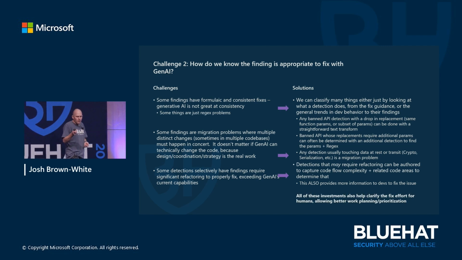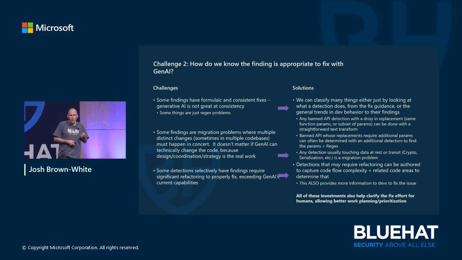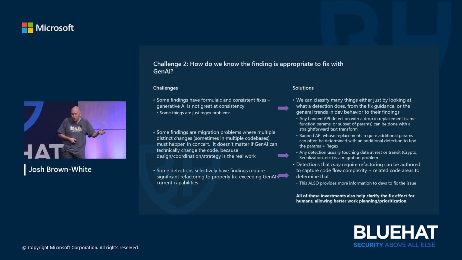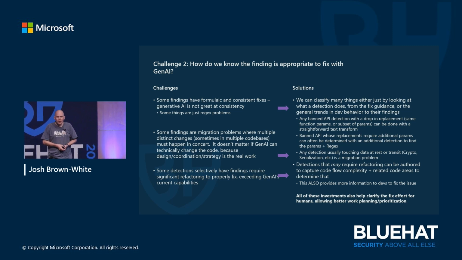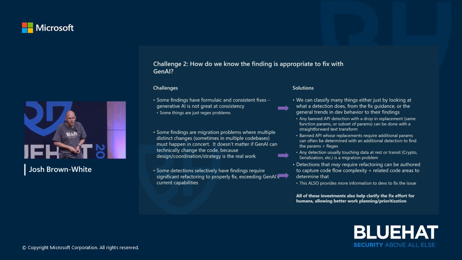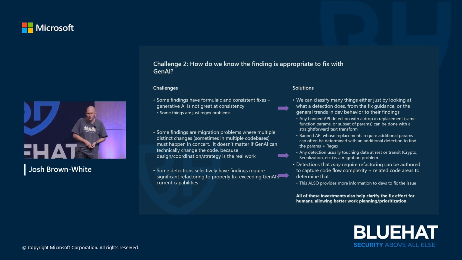But more importantly, what we're also doing in categorizing all of this is really the effort of fixing this. We've said basically trivial code changes we shouldn't use large language models for, and really involved code changes we shouldn't use large language models for. Putting that information in the bug details to engineering teams also allows them to figure out the amount of effort they need to put on it. It makes setting security SLAs around the fixes more realistic as opposed to just applying a blanket SLA regardless of how much effort goes into it.